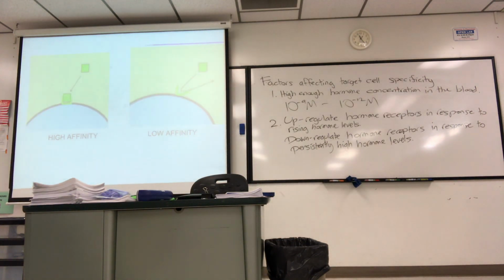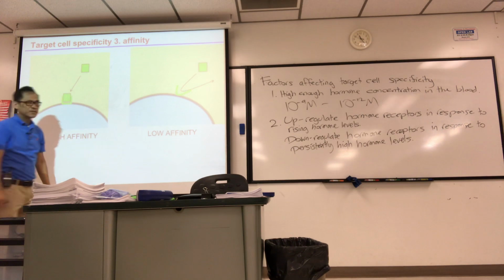All right, so the third thing I want to put is: is there a mutation in the hormone receptor? Is there high affinity? High affinity means it binds tightly. It fits well and binds tightly.